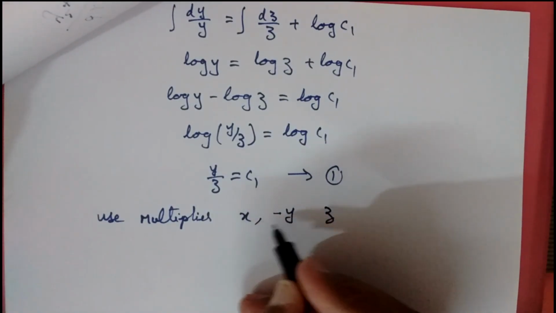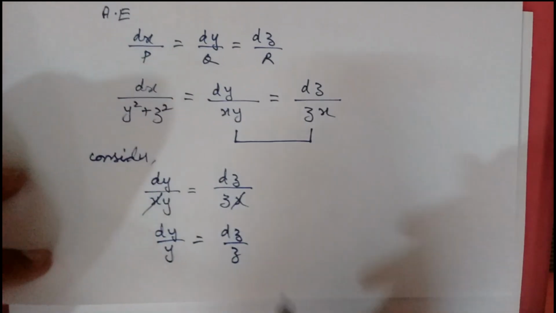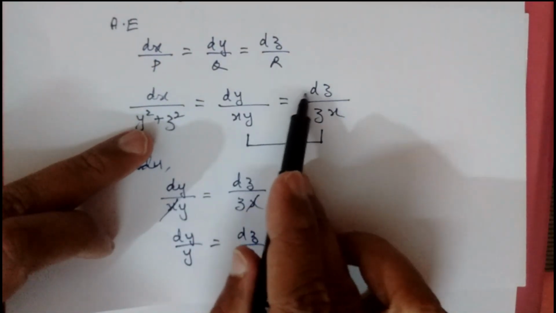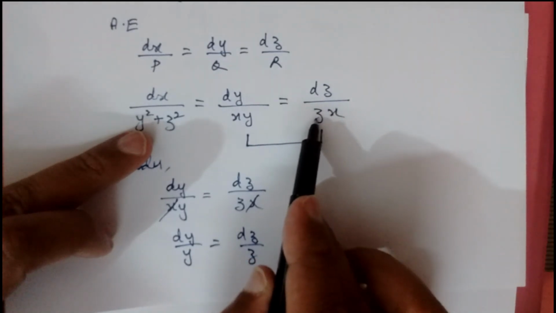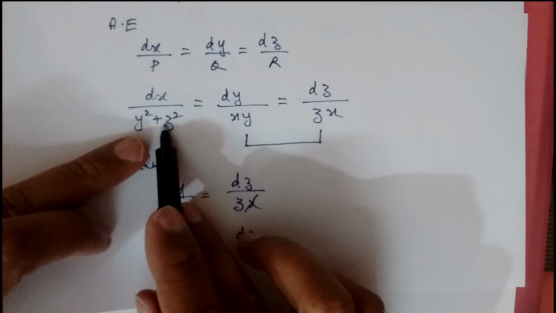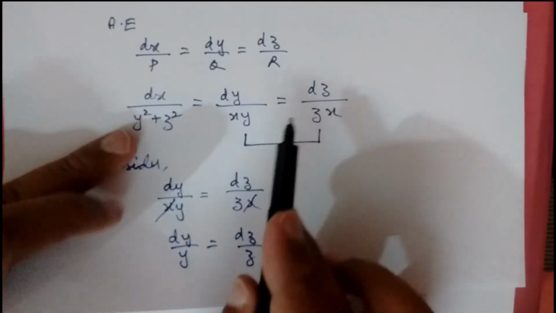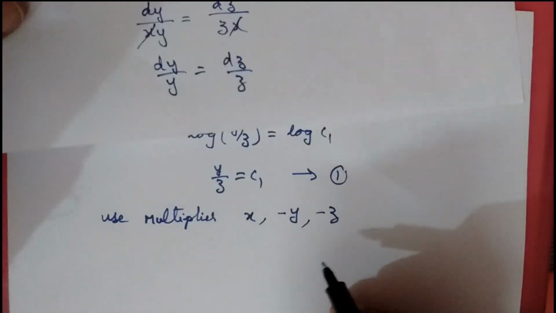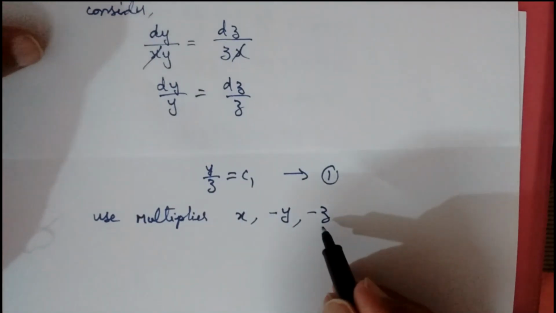So x will be positive, y will be negative. Here also, because plus z square is there, here you will be multiplying by z and here z, so z square x. This should be negative because here you have positive. To cancel out, it should be negative. So minus of z.